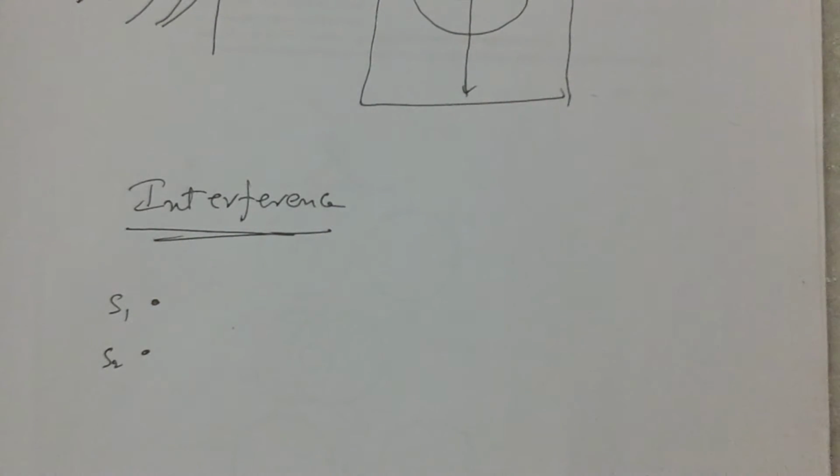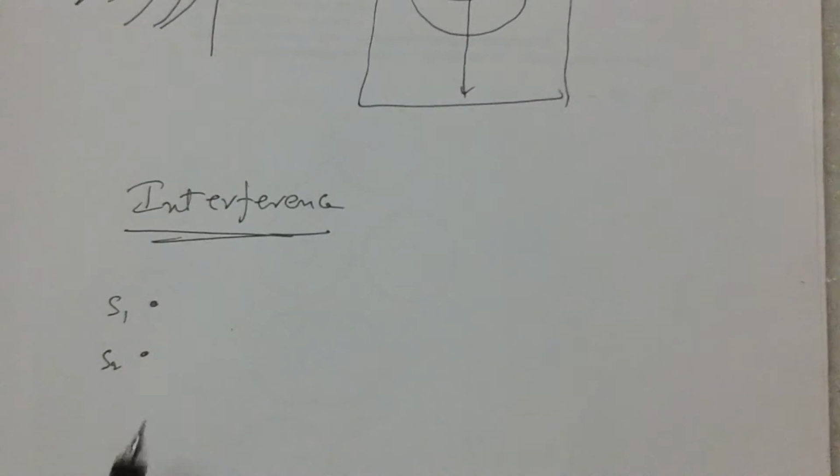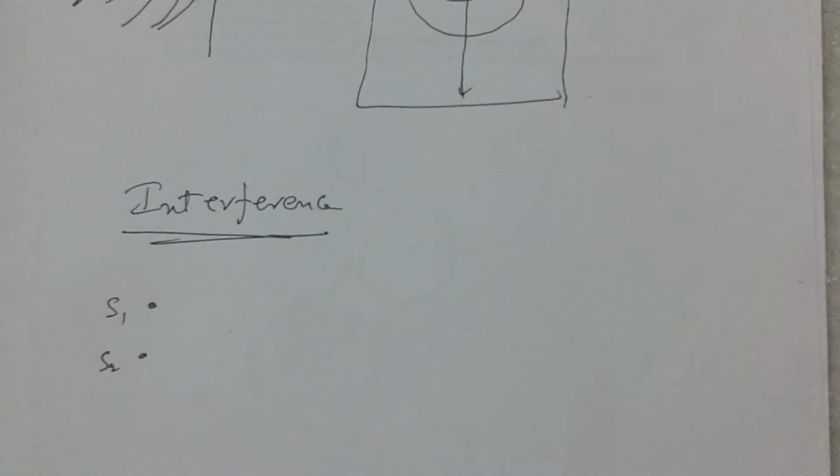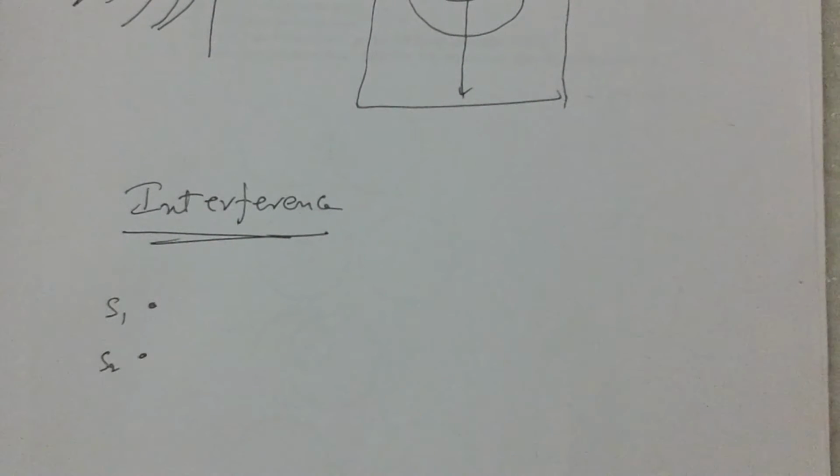Directly we have to take two coherent sources, not a single source. Here we had a single source, but here we should have two different sources. They should be coherent, meaning constant phase maintenance and the same, or nearly equal, frequency maintenance. Then it is called coherent sources.